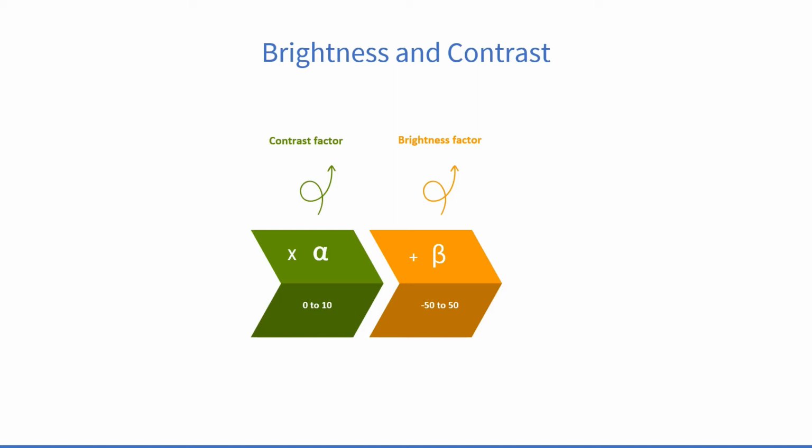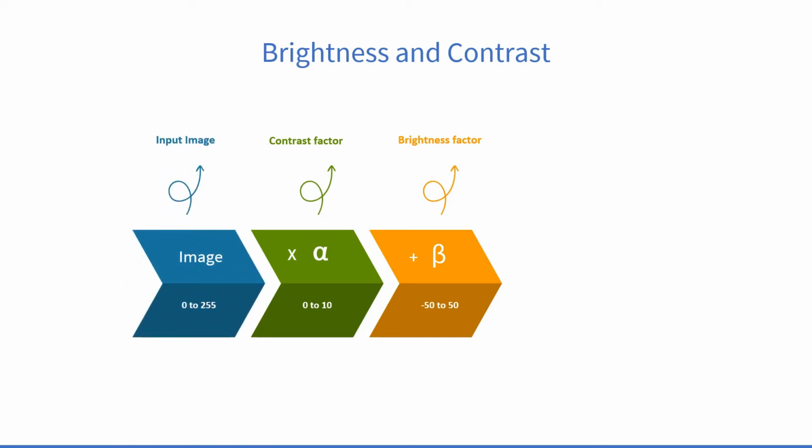A very small value will give low contrast. If the contrast factor is less than 1, we are reducing the contrast. In this way, this is the formula to alter contrast and brightness in an image: multiply the image by the contrast factor and add the brightness factor.